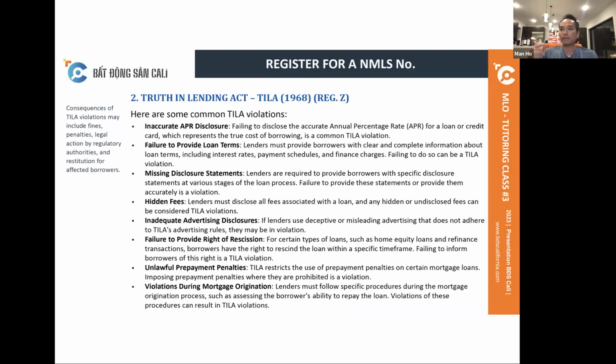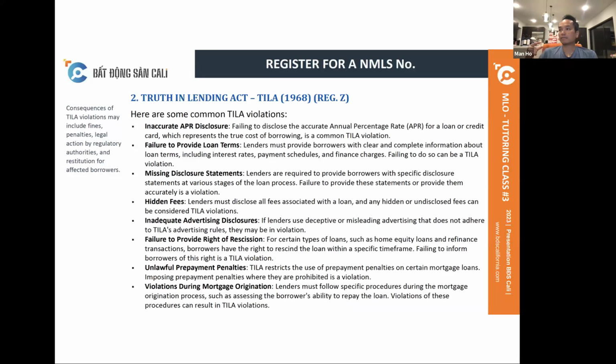You give an APR, you give an interest rate, but your marketing, your disclosure, your closing disclosure, your estimate doesn't mention the correct term. Maybe you calculate on 30 years, but you apply for 15 years or 20 years. Missing disclosure statement. You forgot to send out the CD. That's a violation.